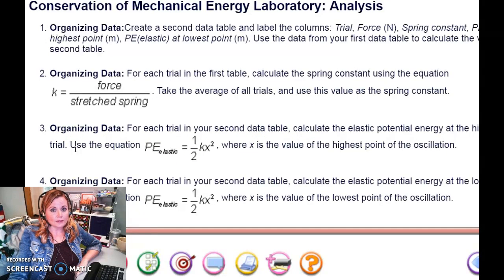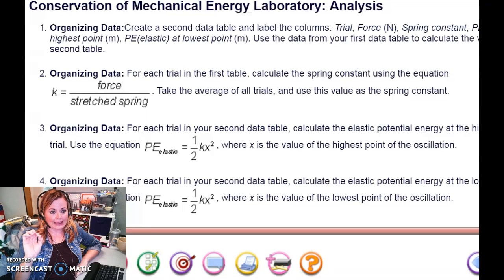Remember that you have to convert your kilograms to newtons to get the force. So make sure you multiply whatever the mass is in kilograms times 9.81 to get the force in newtons. Then divide that by the stretched spring in meters. Got it? That's how you get your K.